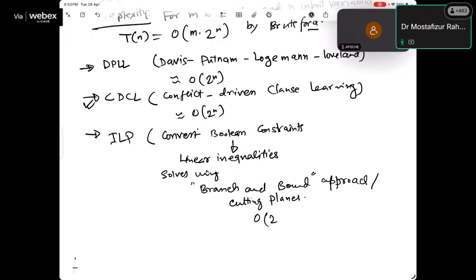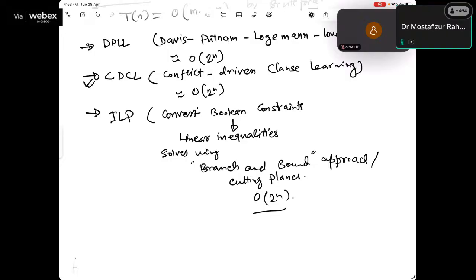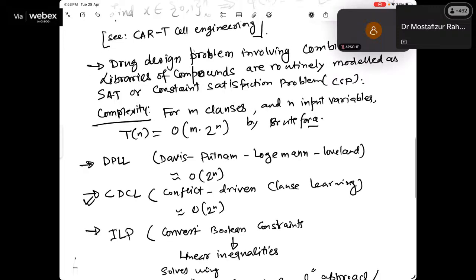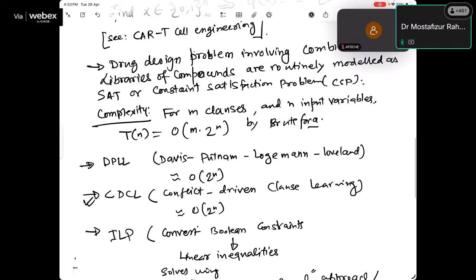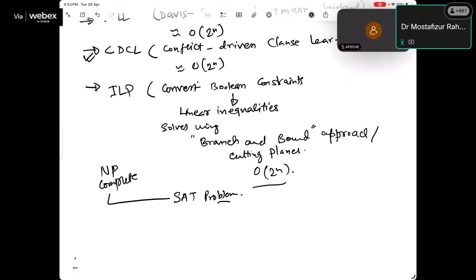So it is also order of 2 to the power n. But these are some of the important methods in drug discovery to convert an NP-complete problem to a SAT problem. So all these methods convert a direct NP-complete problem to a SAT problem. At least it goes from order of m into 2 to the power m to 2 to the power n. Some reductions are there. They are classically faster.